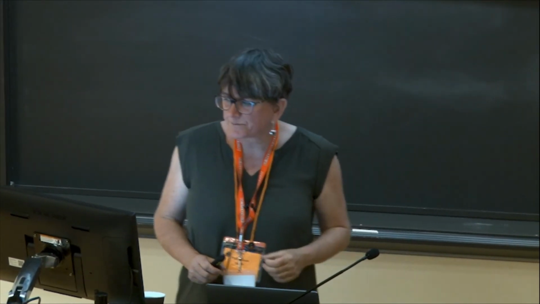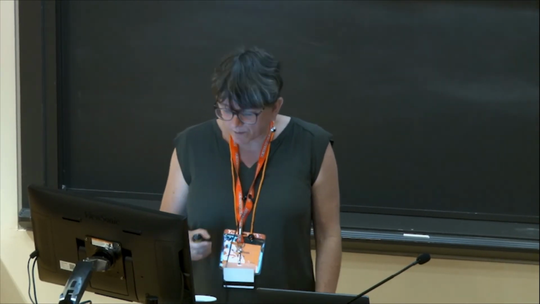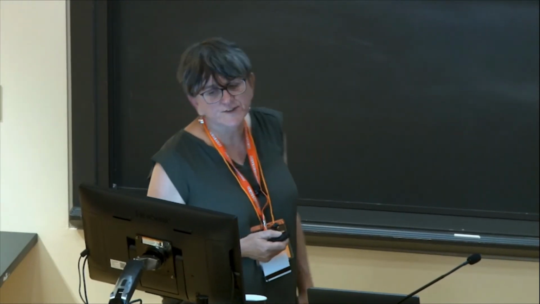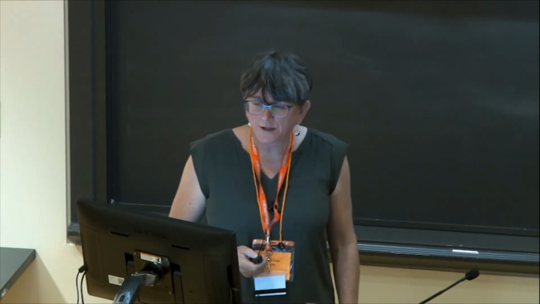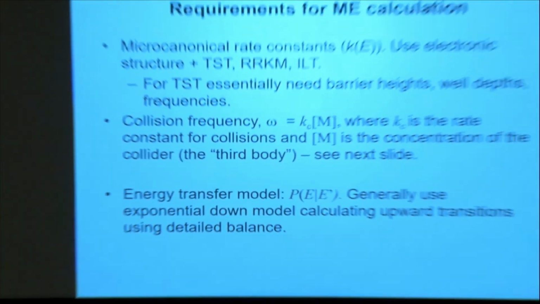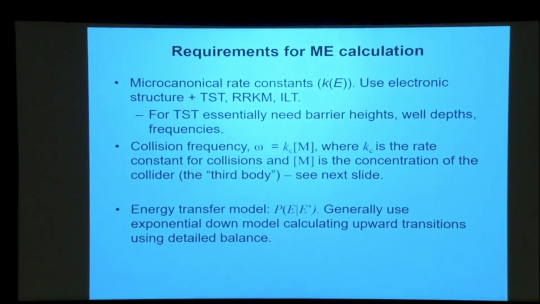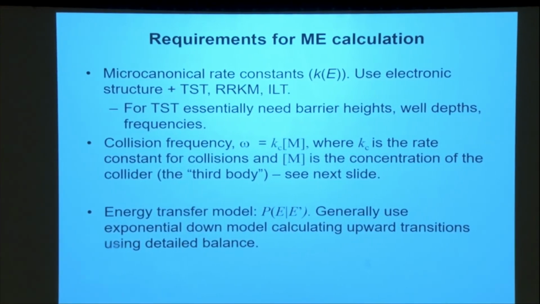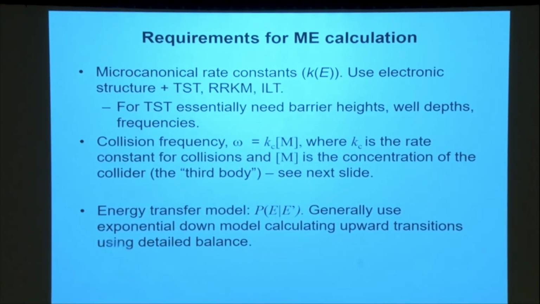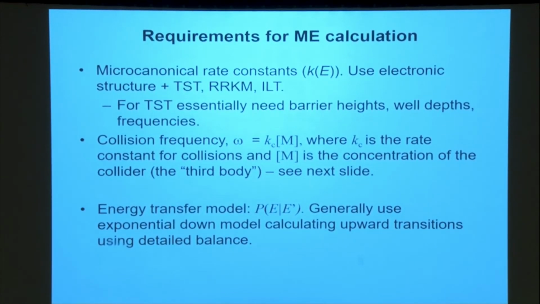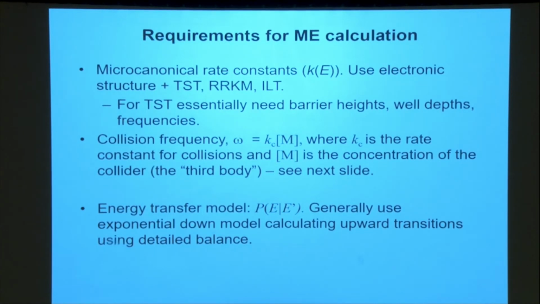So what do we require as inputs to the master equation model? So we require microcanonical rate constants, and we need barrier heights, we need vibrational frequencies, and we need a representation of the energy transfer model. So obviously, to get the barrier heights and well depth frequencies, we've got to use electronic structure calculations to get our potential energy surface.